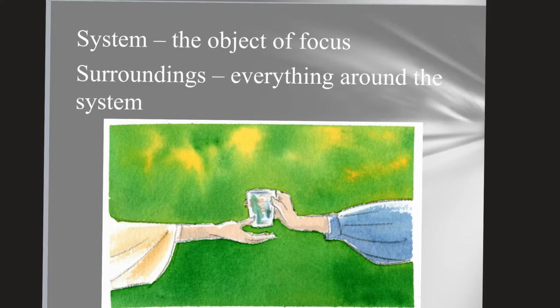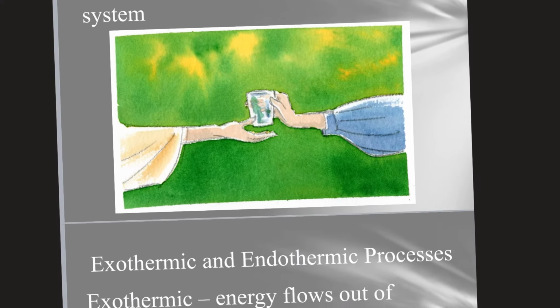And surroundings is anything that's around the system. For example, in this picture, you could consider the cup to be your system. Anything that touches the cup, like the hands here, or anything around the cup, is your surroundings. That's all that simply means.